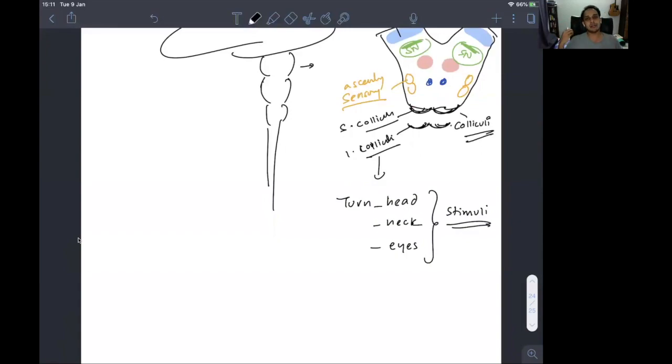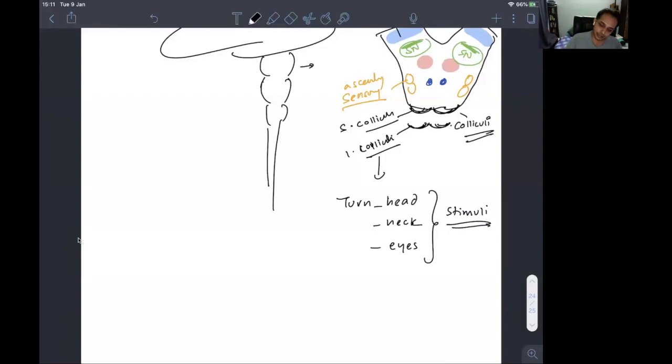If there is a firecracker that goes on your right side, you'll immediately look to the right. If there is a sudden flash of light on your right side, you'll immediately look to the right. Now, think about all the things that would have happened for you to quickly turn your head, your eyes, your neck, your body to the right.